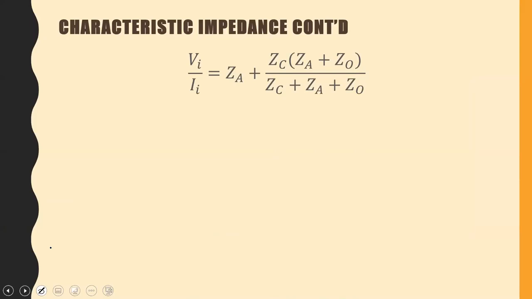So the input impedance, by definition, Z in is equal to the input voltage over the input current.